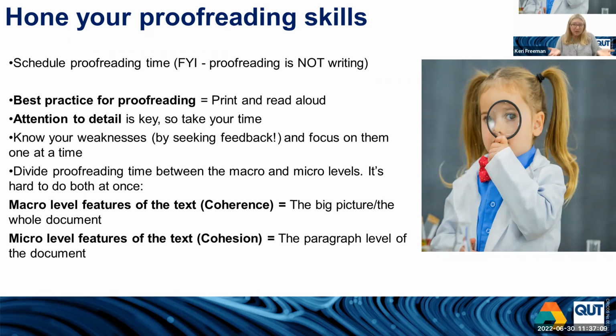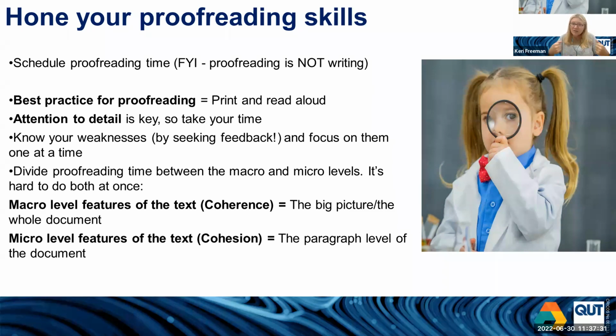We have two levels in your writing. We have the macro level, which is your coherence, the big picture. We have the micro level, which is your grammar, your sentence structure, and the flow of each paragraph, making sure it's explicit and that you have a good topic sentence. It's very hard to proofread both of these things at the same time.